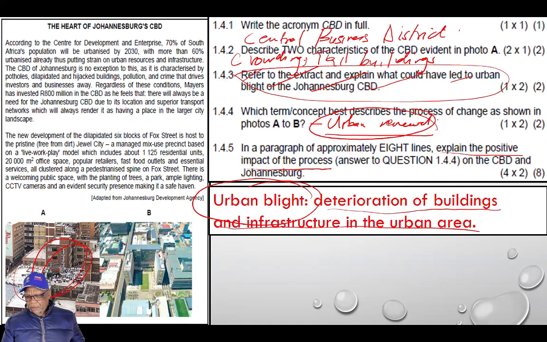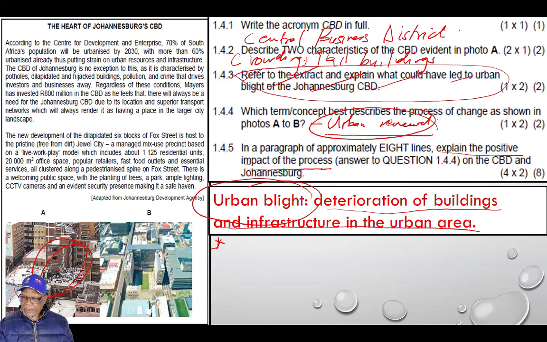Now, you must give 4 facts. Explain the positive impact of the process. What will be the positive impact of the process on the urban area?